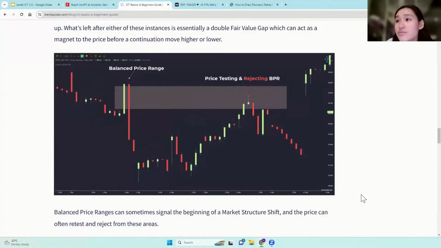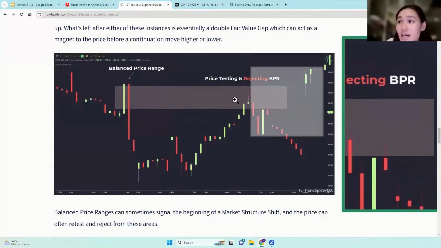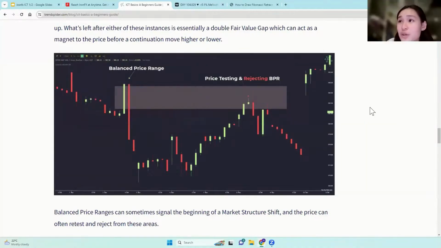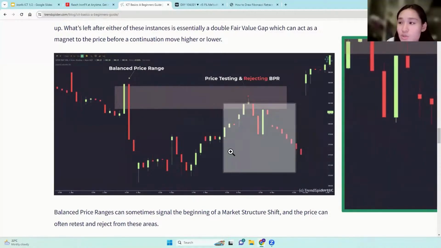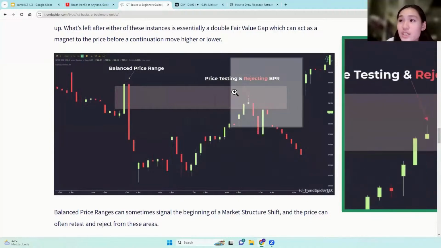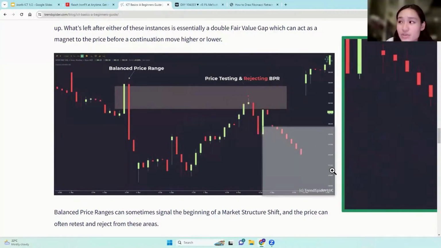The reason we highlight this entire area is that price tends to be attracted to such areas and then reverses off of it.